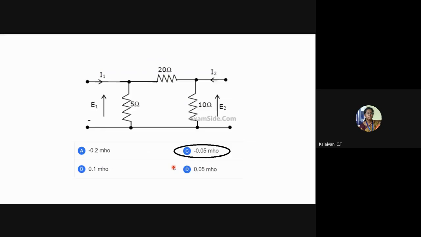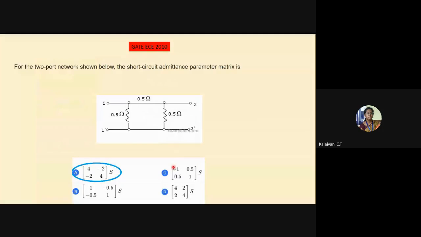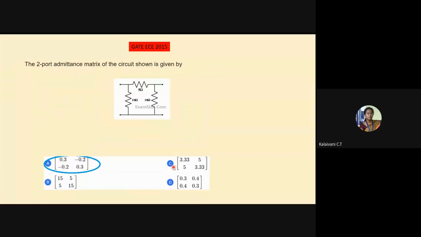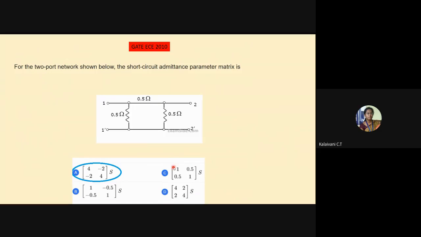We have to solve similar to the previous one. Already we have found admittance Y11, and where is that equation? So from this we can find the answer.